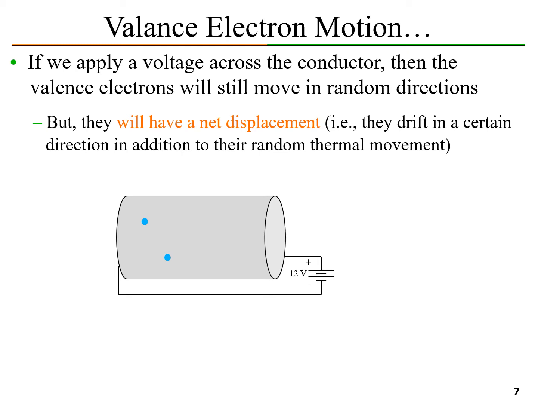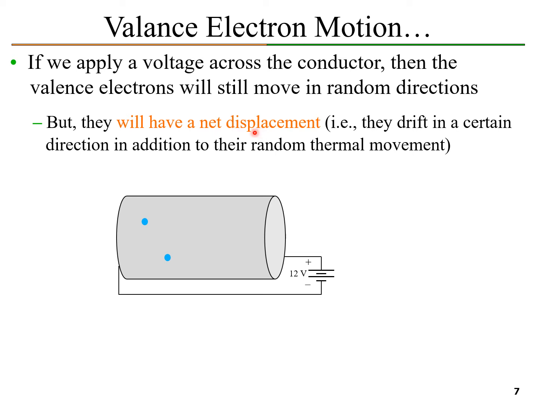Now, if we apply a voltage across the conductor, this cylindrical object here represents a wire or a piece of a wire. If we apply voltage to this wire, then those valence electrons will still move in random directions, but they will have a net displacement.